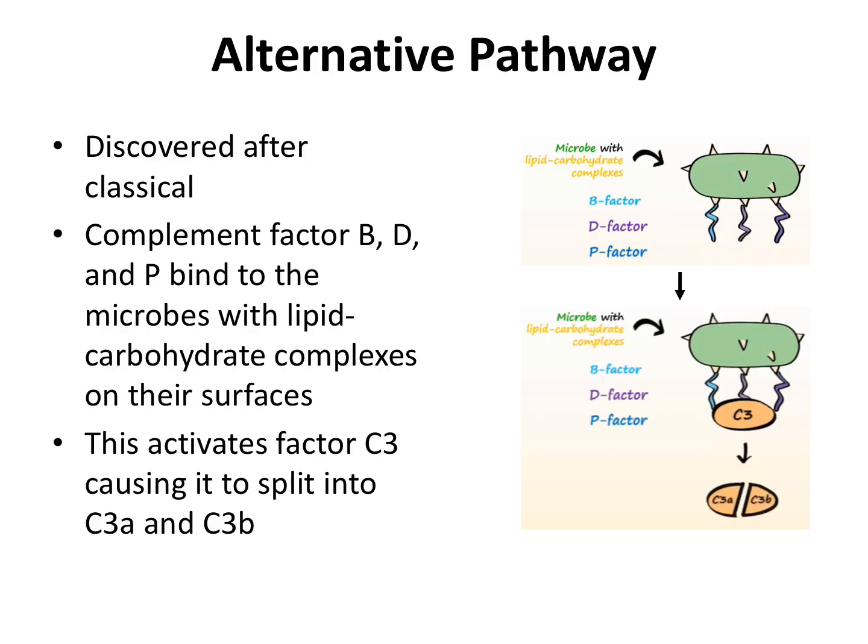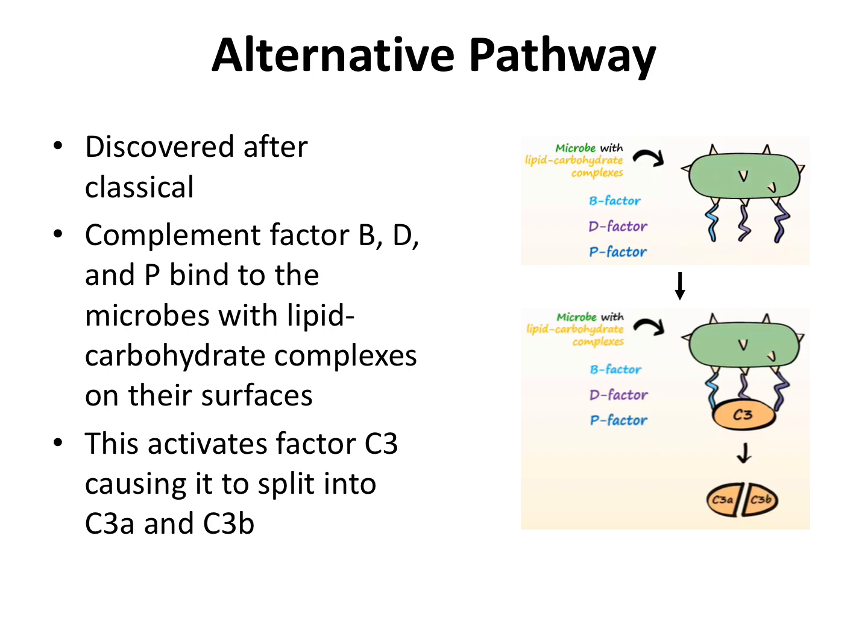Let's see the other one. For the alternative pathway, which was discovered after the classical complement pathway, the complement factors B, D and P bind to the microbes with lipid carbohydrate complex on their surface.